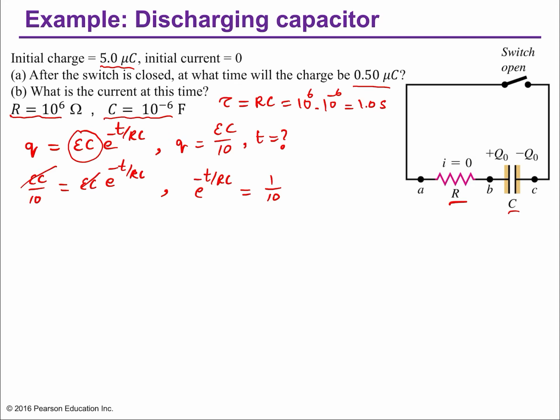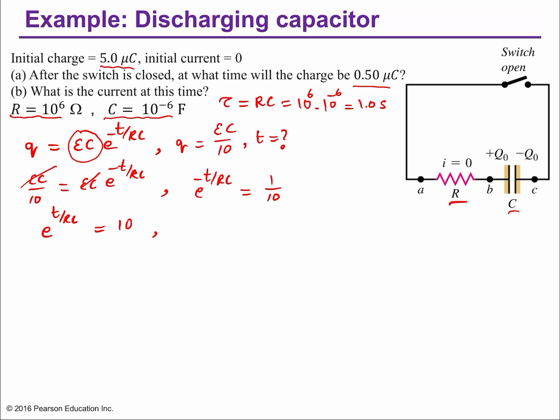It's easier to deal with a positive exponent, so I take the reciprocal of both sides, and that makes the exponent positive: e to the power plus t divided by RC equals 10.